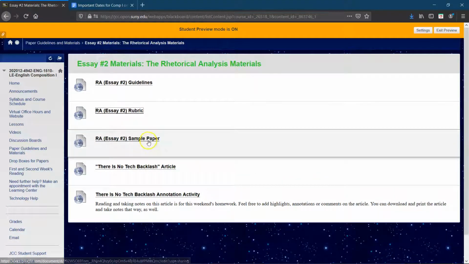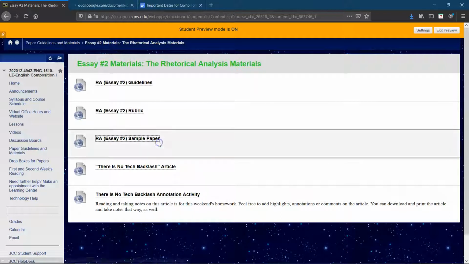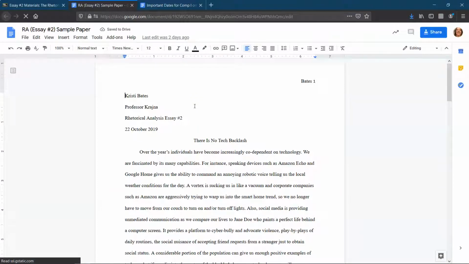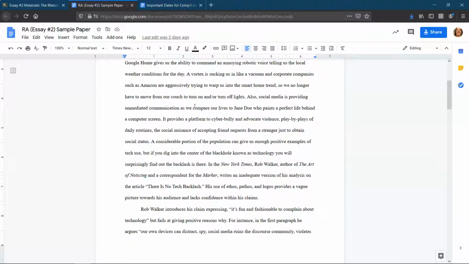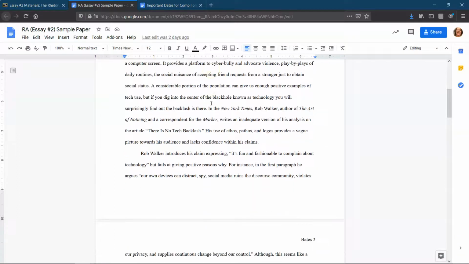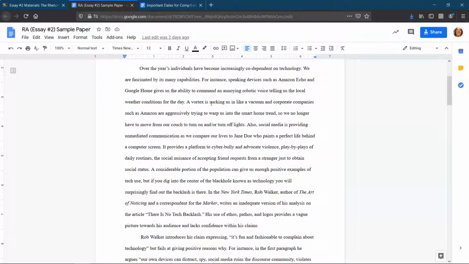I also have a wonderful sample paper here from one of my previous students that definitely did a great job on the rhetorical analysis for this article. I did ask her permission to use it as a model for my future courses. So this is actually her paper that I think she did a great job on. If you want to take a look at that at your own leisure, she does a great job in terms of the introduction because she gives a little bit of background information.